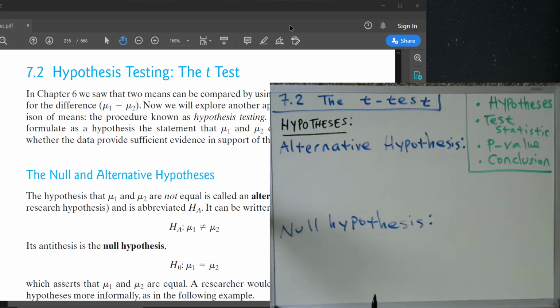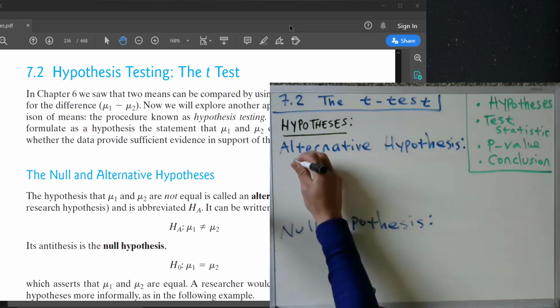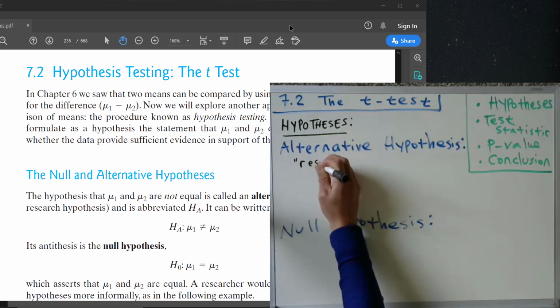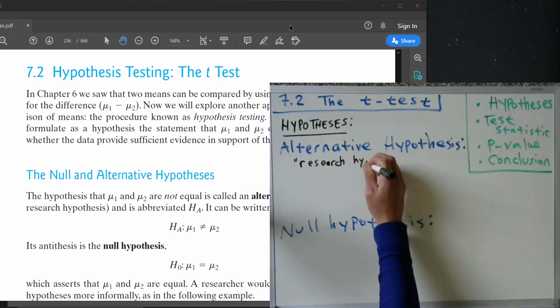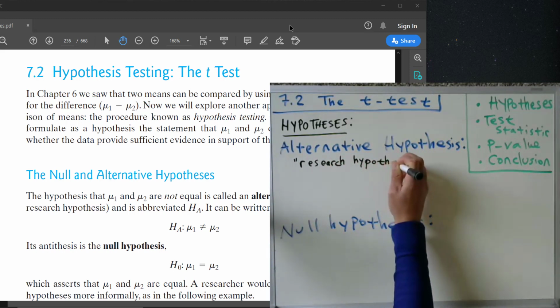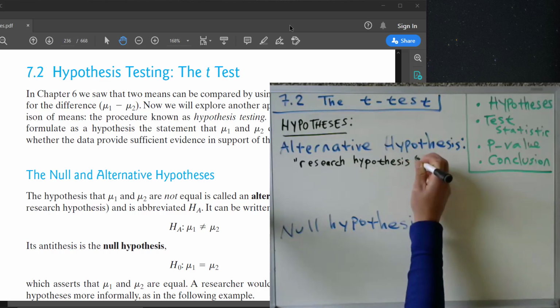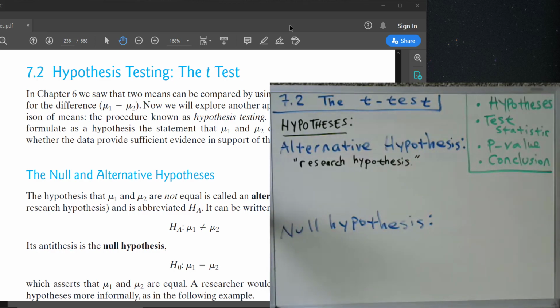Sometimes the alternative hypothesis is called the research hypothesis because it's usually the statement that is of interest, not necessarily what you're trying to prove, but a property that is being explored.